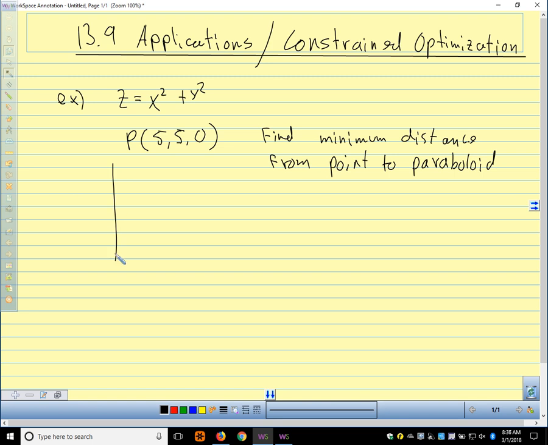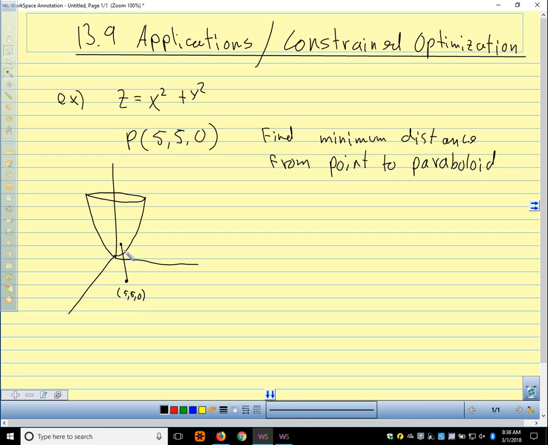So just a quick sketch. We have a nice paraboloid here, and we have a point here on the xy plane, and there's some point on the paraboloid where the distance from (5, 5, 0) to the paraboloid is going to be the minimum.